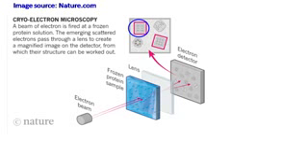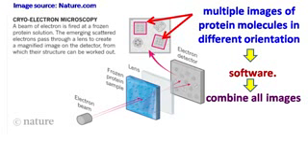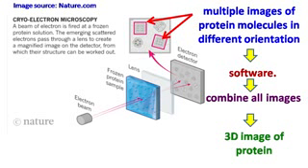An interesting thing to note here is that the frozen protein solution can have protein molecules in different orientations. Hence, by taking multiple images of protein molecules in different orientations, a 3D image of the protein can be obtained by combining all images using software.